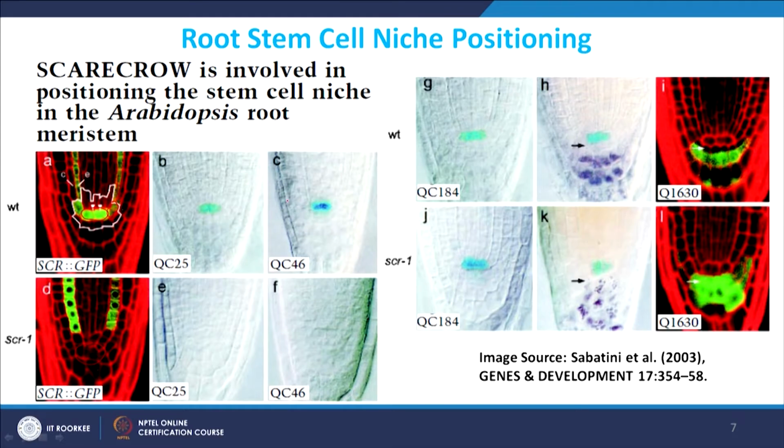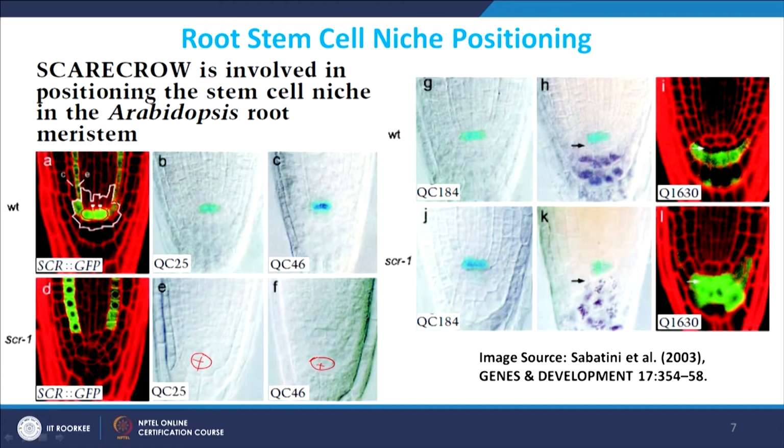Similarly, if you look at other markers, QC25 and QC46, which are marker genes known to express in the QC, in the scarecrow mutant background you can see that the expression is totally lost, which means that in the scarecrow mutant, QC identity is defective, which tells that the identity of QC is regulated by Scarecrow.